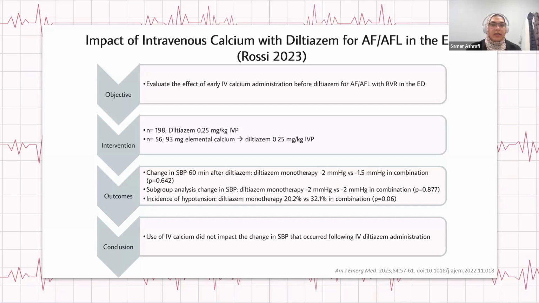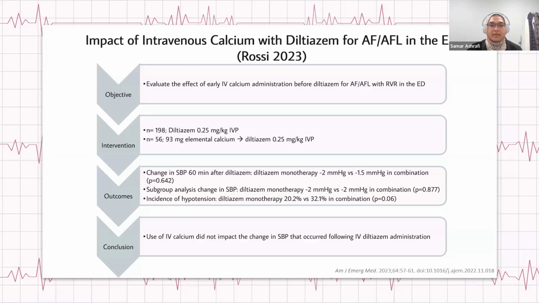It was again looking at the role of calcium before DILT, but in this study they were allowed to include patients that got calcium either 60 minutes before diltiazem or up to 30 minutes afterwards. But the majority of these patients did get the calcium before the antiarrhythmic was given. So they had two groups, about 200 patients getting standard diltiazem versus about 56 getting the elemental calcium.